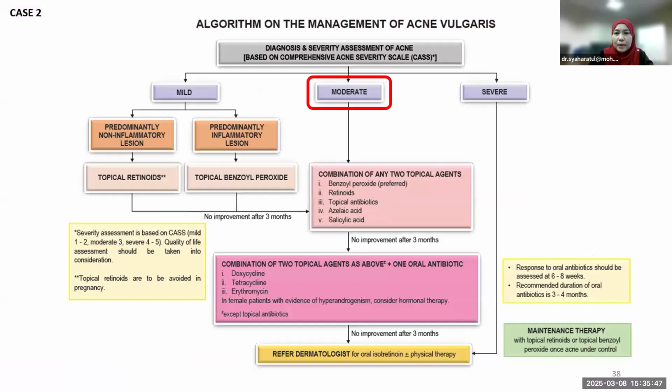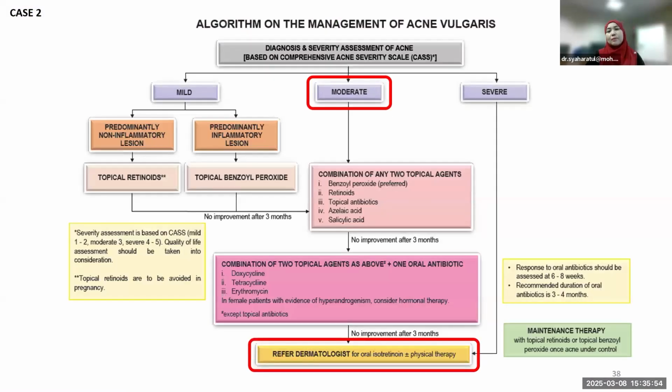But let's see what would be the best for this patient. Let's look at our algorithm again. If there's no improvement, I think there's no need to waste time trying other options. It's time the patient may need other modalities, because chemical peels and the like can only be provided by a credentialed practitioner.